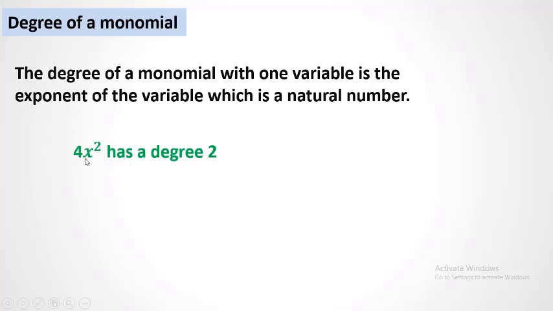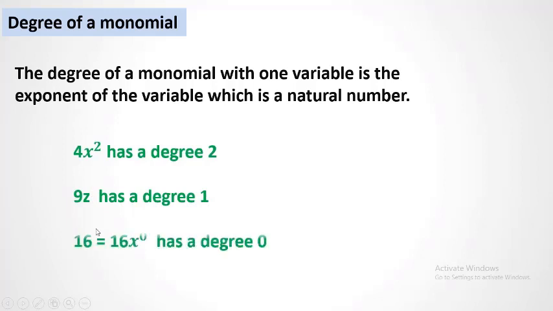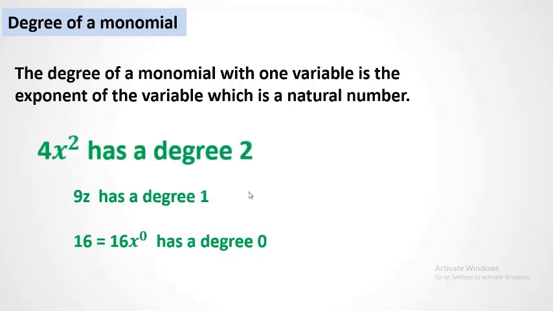For example, 4x power 2 has a degree 2, since the exponent of x is 2. 9z has a degree 1, since the power of z is 1. 16 is a constant monomial. We can write it as 16 times x power 0. It has a degree of 0.